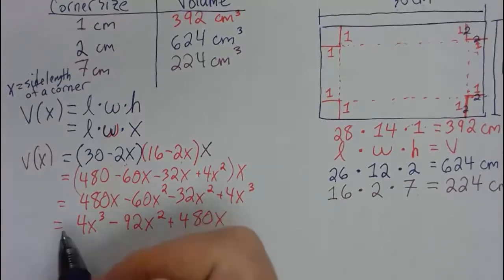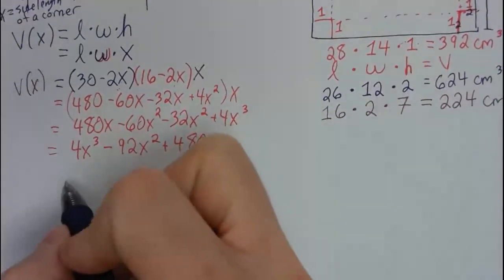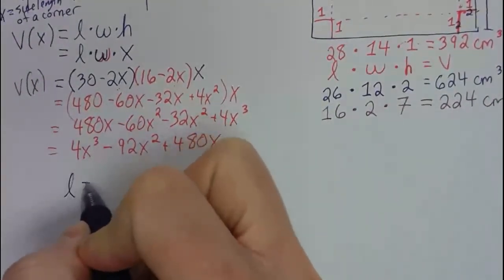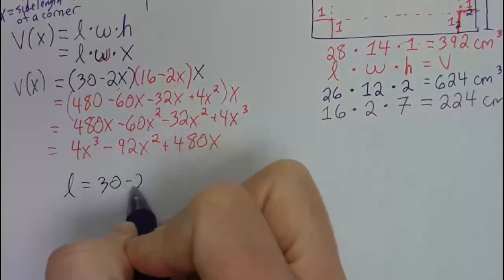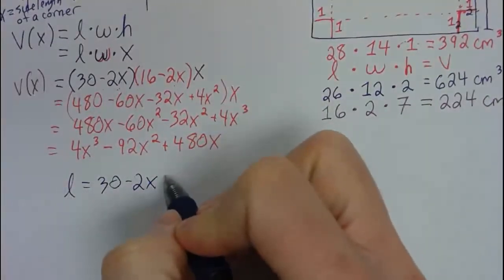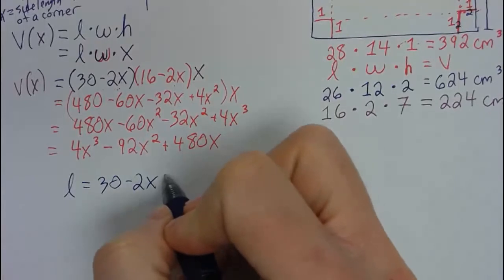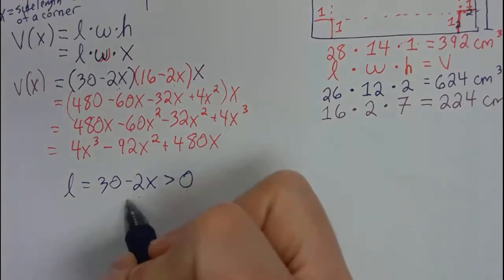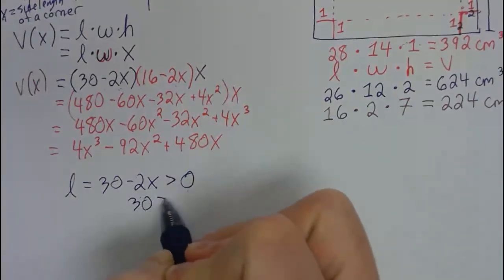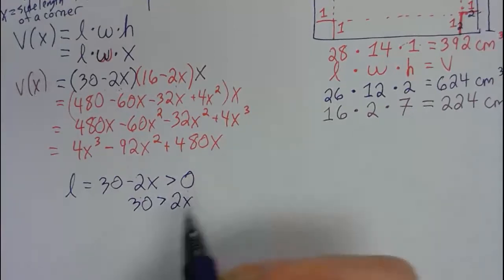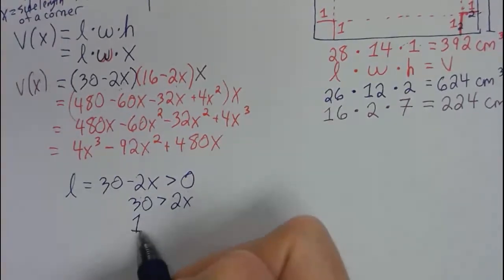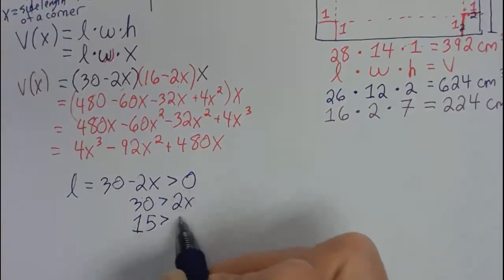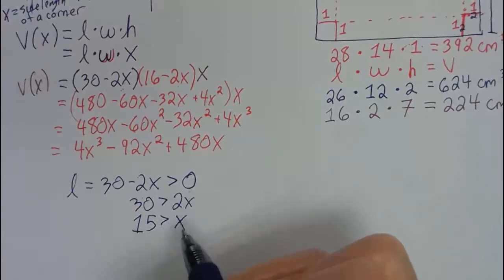So basically what we need to write here is that we need our length, which is 30 minus 2x, to be greater than 0. So if I add 2x to both sides, I have 30 is greater than 2x, and divide by 2, I get 15 is greater than x.